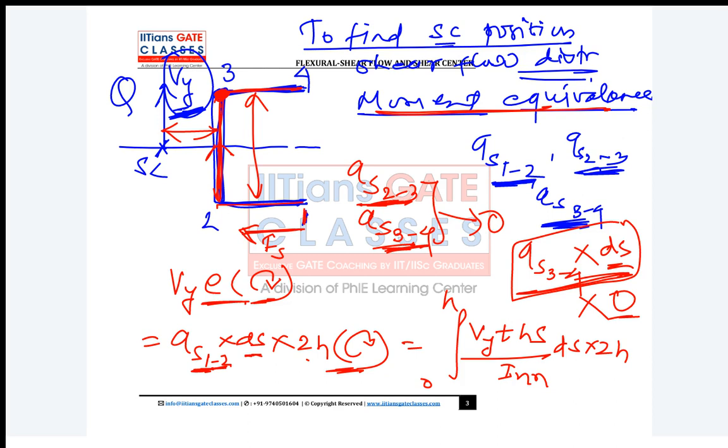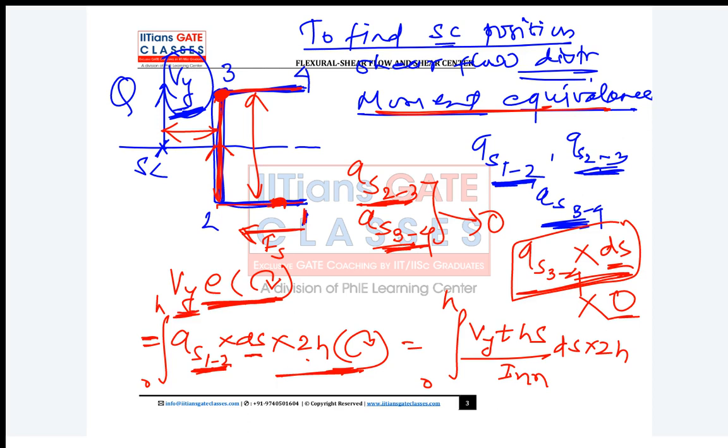It is at any section, right? QS is this, QS 1 to 2. So that means it needs to be integrated from 0 to h if you equate, because this will be equal to this. It's a moment equivalence, because this shear flow is the resultant of this shear force.